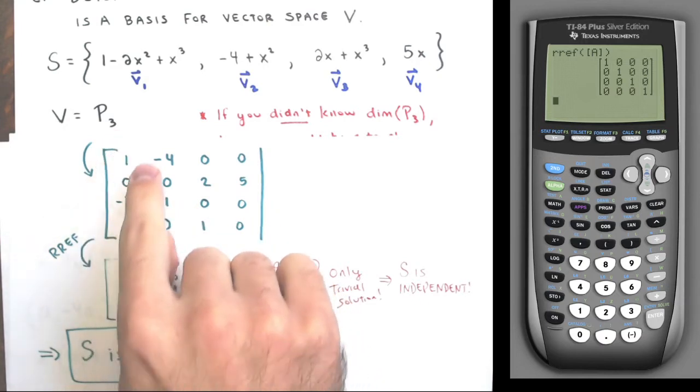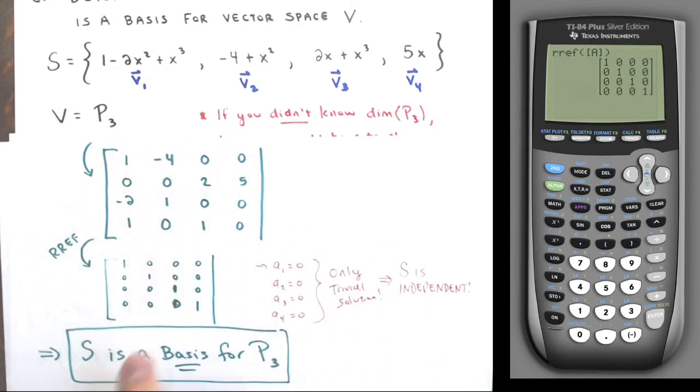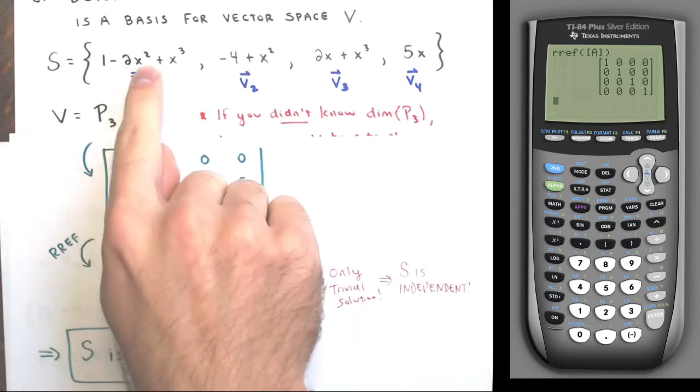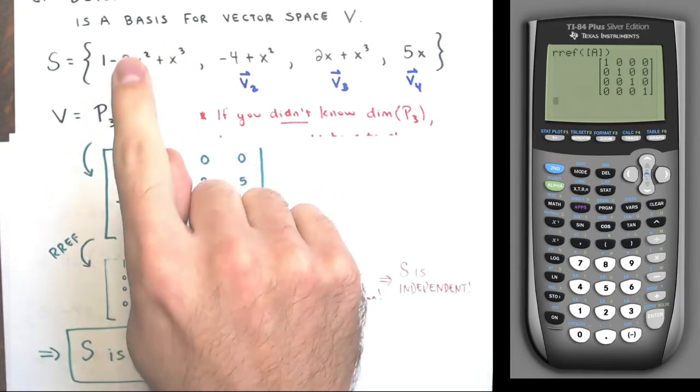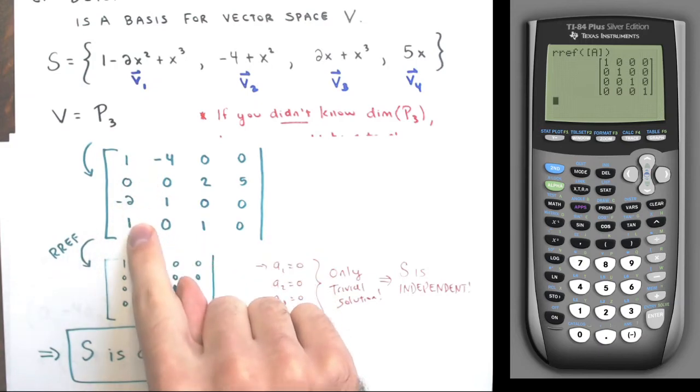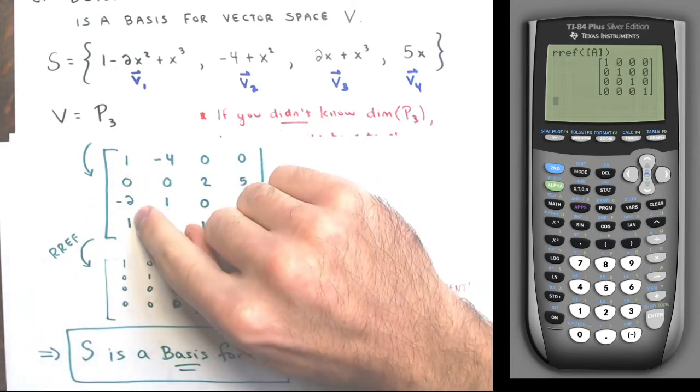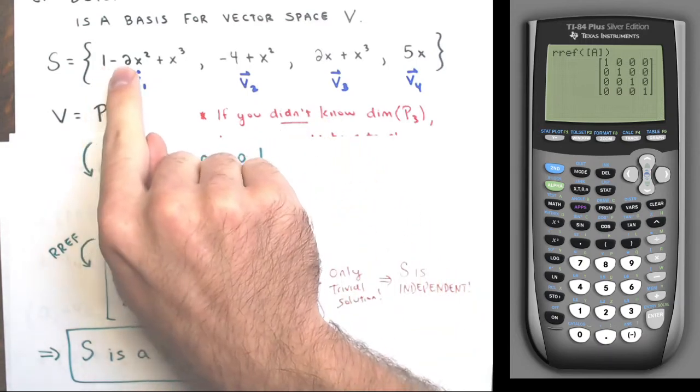Remember how each column of the coefficient matrix was just one of the vectors from set S? Well, that's not the case here. I mean, this column is not 1 minus 2x squared plus x cubed, but look at the column though. Look at the column and then look at the coefficients of this vector.